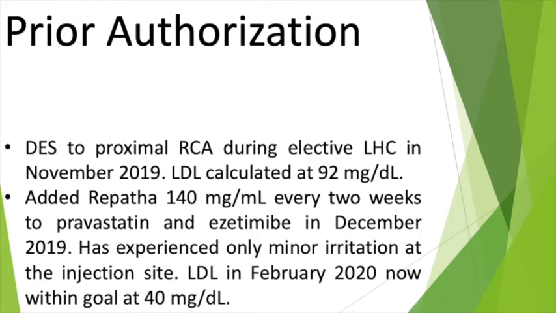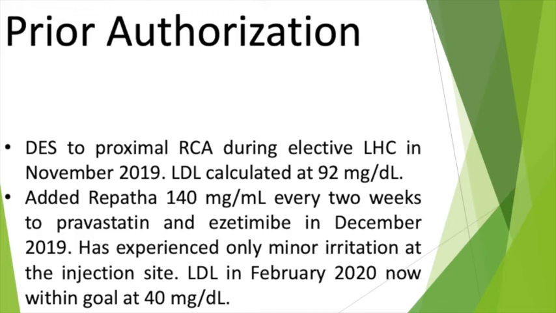And so he is considered very high risk now, and he's already on the recommended therapy of maximally tolerated statin, the pravastatin 40 milligrams once daily, and he's also on ezetimibe 10 milligrams once daily.